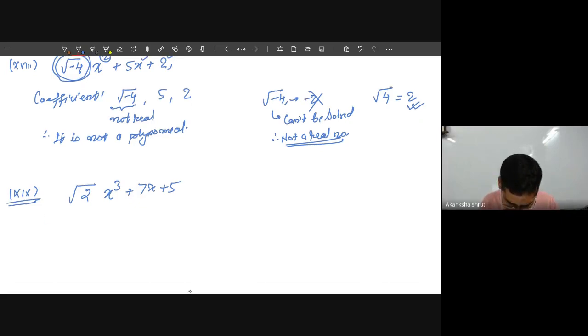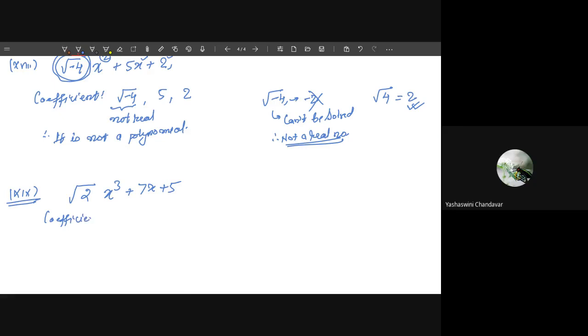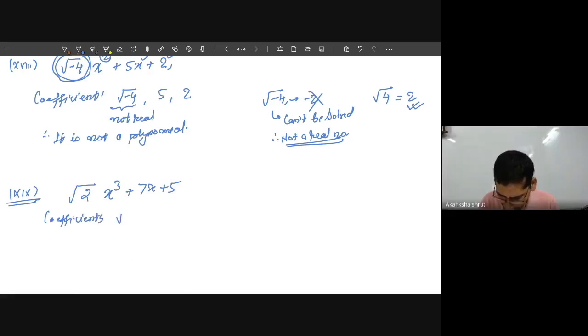What are the coefficients? Root 2, 7 and 5. Very good. All these are real numbers. I had already explained what is real. In real there could be rational or irrational. If any student has any doubt, then go through your previous classes notebook.